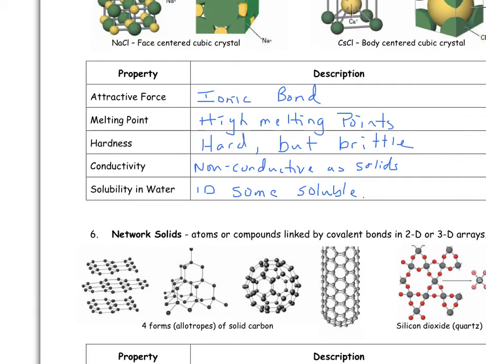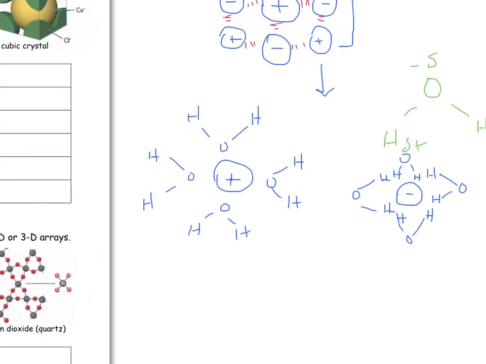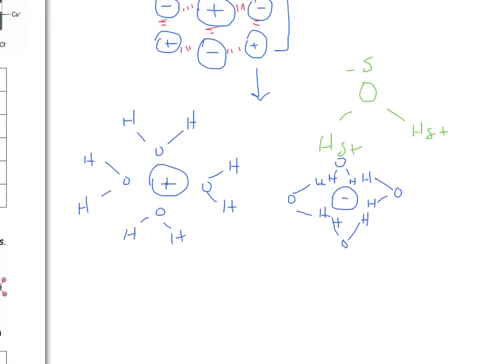Now let's go back to conductivity. Ionic compounds are non-conductive as solids, but let's look at it as a liquid if it's dissolved in water. If it's dissolved in water, my ions are now free to move around in the container. But also, if I melt this ionic compound, my charges will be able to move as well.